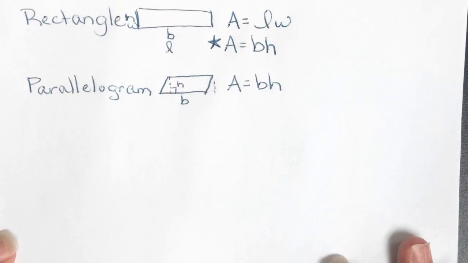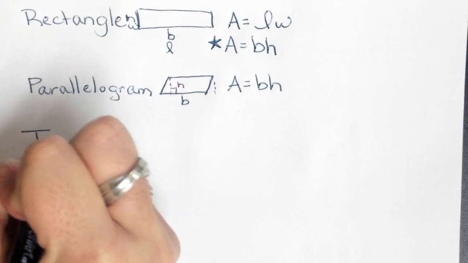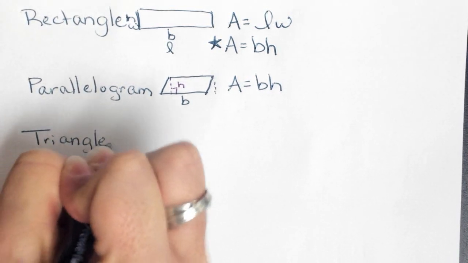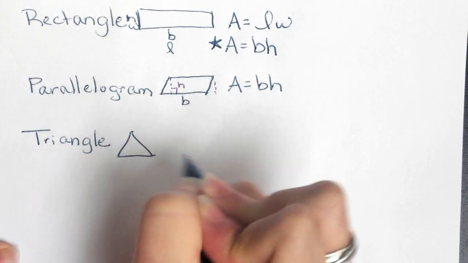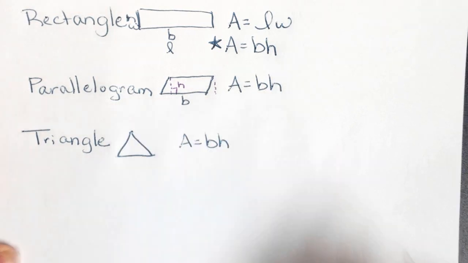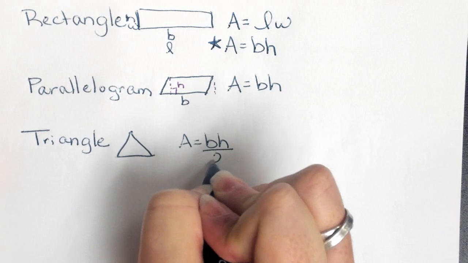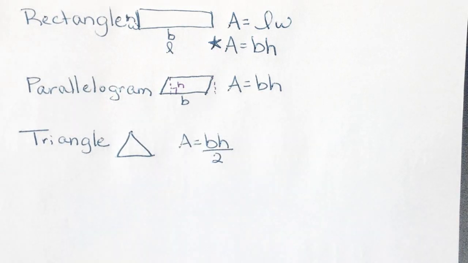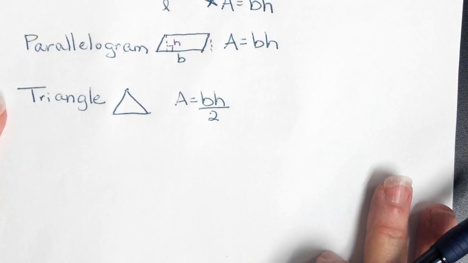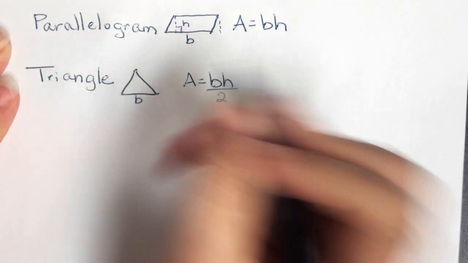Okay, so going on down, the next one is a triangle. Not too bad, because it uses part of the same formula, base times height, yay, but it is divided by 2. This is kind of hard to explain, but the base of the triangle, the B for base, is still down here.